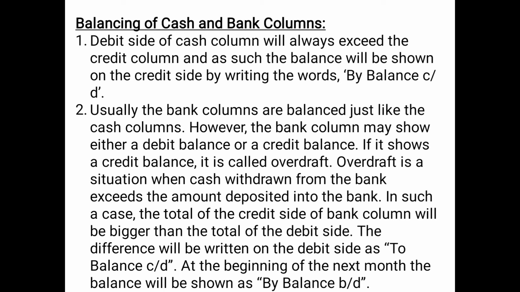The difference will be written on the debit side as to balance carried down, and at the beginning of the next month, the balance will be shown as by balance brought down on the credit, that is on the opposite side. So this is how you total the discount column, how you balance the cash column, that we have already learned while learning the simple cash book, and how you balance the bank column.